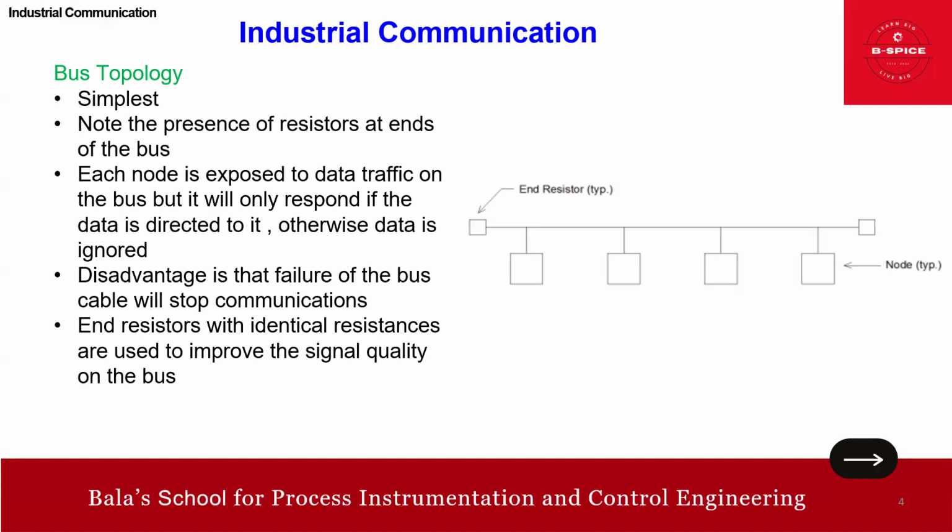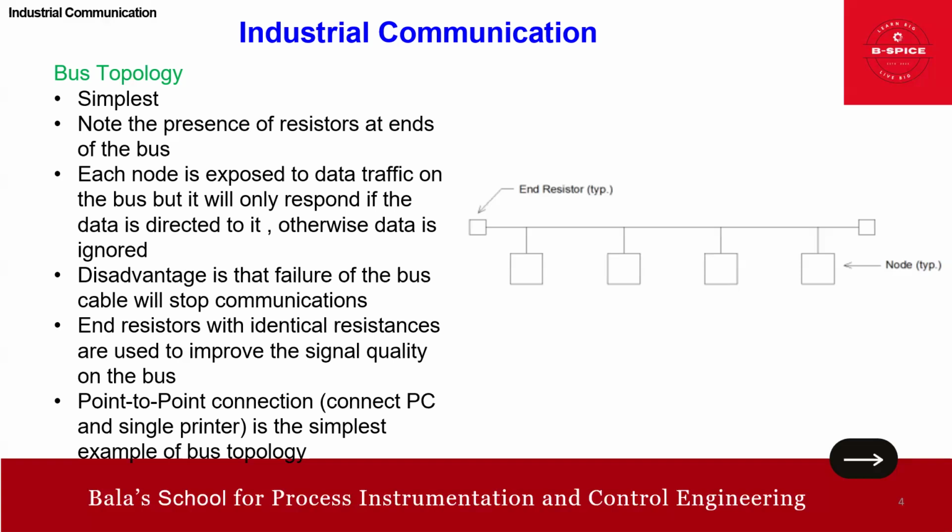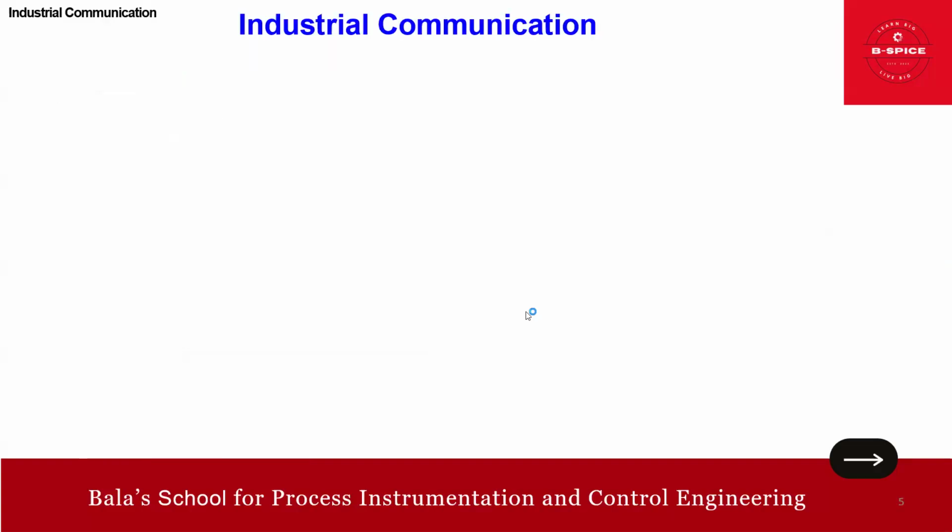And one more point: a point-to-point connection, that is, connecting a PC and a single printer, is the simplest example of bus topology. So this is all about bus topology.